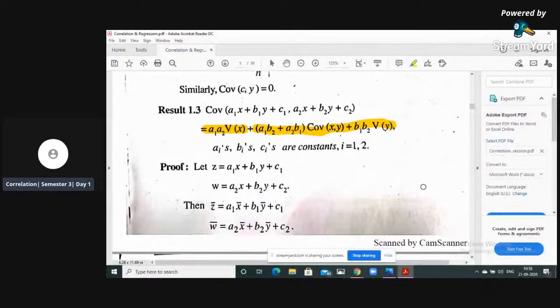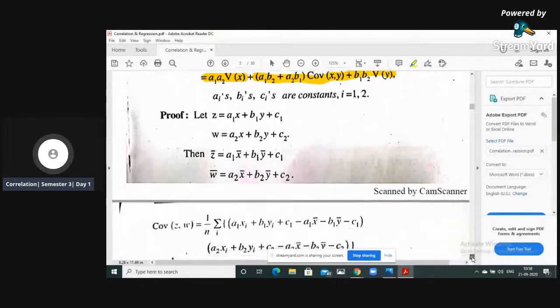So look at the coefficients carefully. a1 a2 is with variance of x, b1 b2 is with variance of y, and these are just getting interchanged in a1 b2 plus a2 b1 covariance of x, y, where your a, b, c's are all constants.